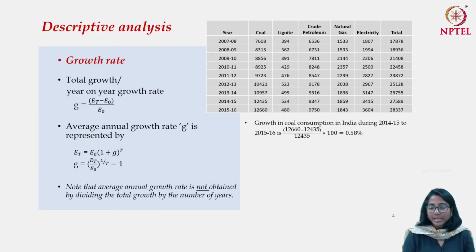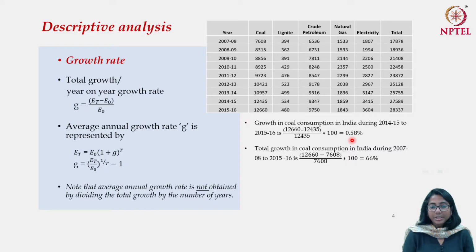So how do we calculate that? This is clearly the demand in the year 2015-16 minus the demand in the year 2014-15, divided by the demand of 2014-15. So you can relate it to this formula, ET minus E naught divided by E naught. And this gives you a very low percentage of increase, which is 0.58%.